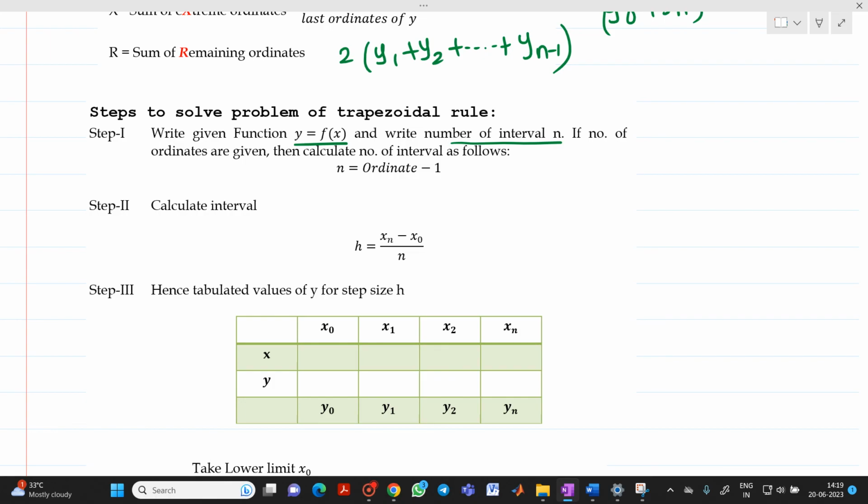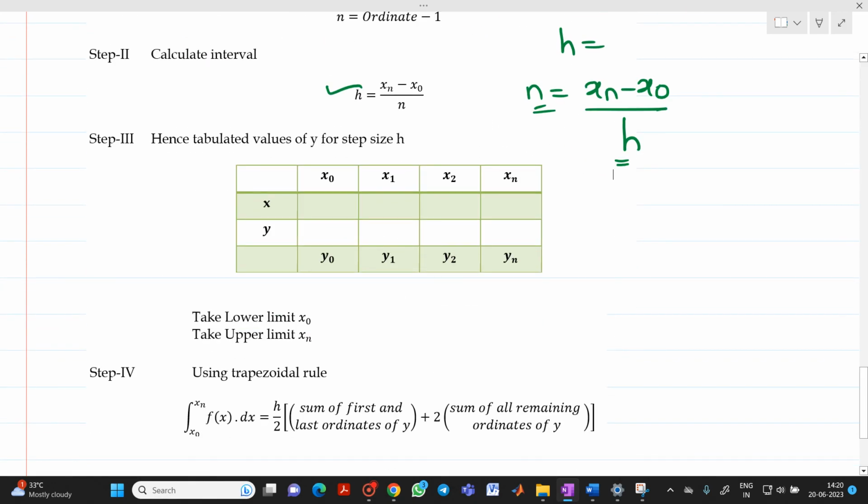Step size h will be equal to (xn minus x0) upon n. Sometimes, instead of giving the value of n in a numerical, the value of h is given directly. In that case, the value of n will be equal to (xn minus x0) divided by h.